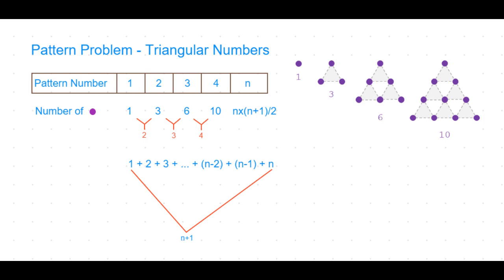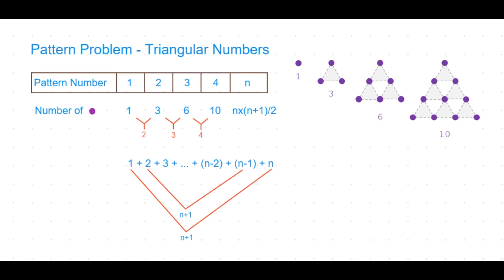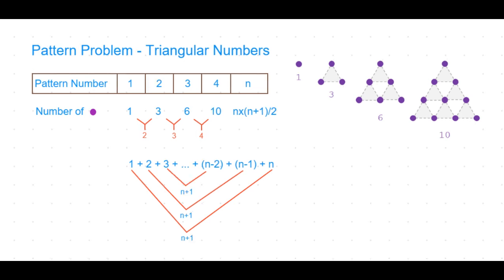Similarly, the second number and the last but one number, when we add, we also get n plus 1. Similarly, the third number and the second last number, again n plus 1. So how many n plus 1s would we have in total?